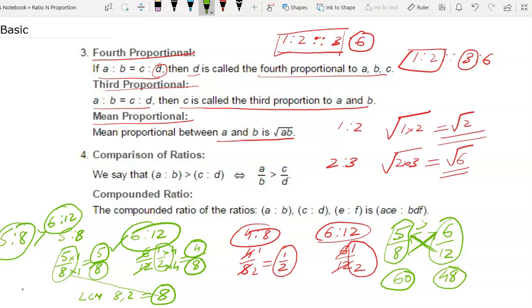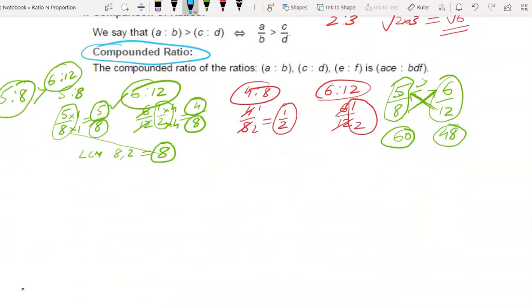Compounded ratio. The compounded ratio of the ratios A is to B, C is to D, and E is to F is ACE is to BDF. So if we take an example, let's say we have 1 is to 3, 3 by 4, and 5 by 6.